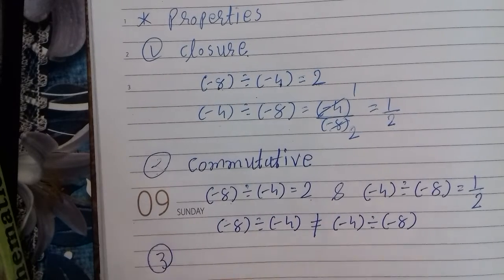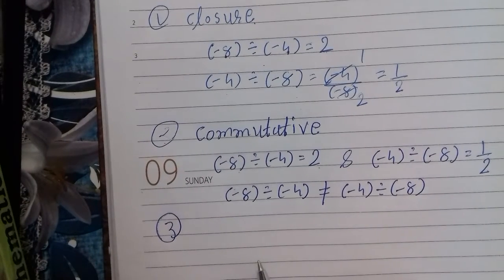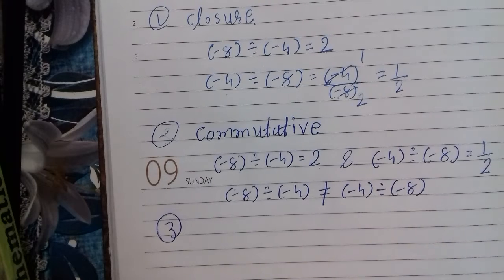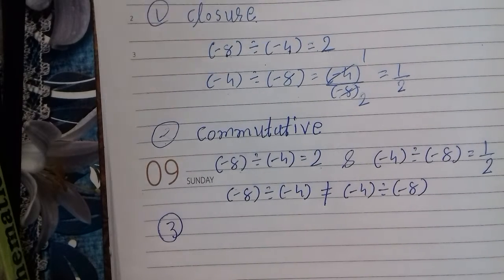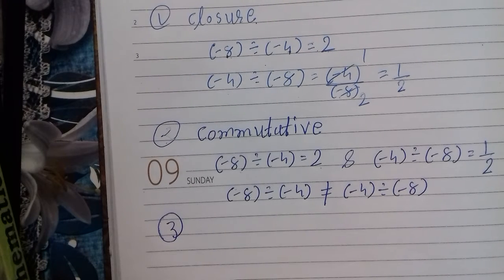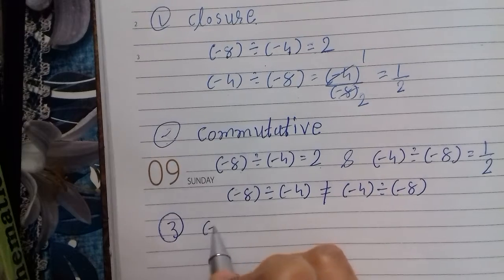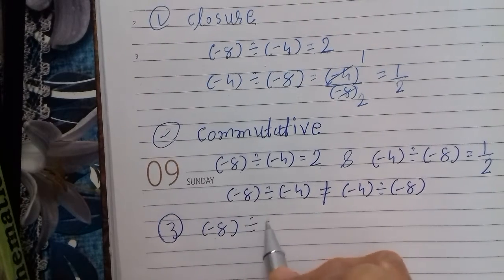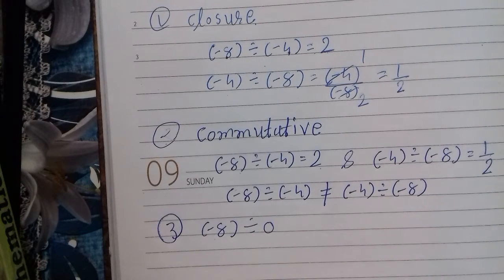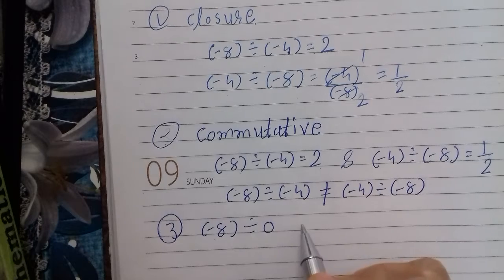Third point, any integer divided by 0 is meaningless. Suppose you divide this integer, minus 8 divided by 0 is meaningless, because it is not defined.